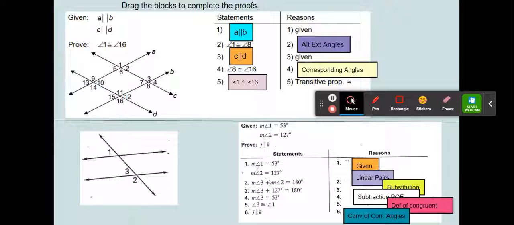I can substitute in 127 for angle 2. So the measure of angle 3 plus 127 is 180. The measure of angle 3, if I do some subtracting, is 53.